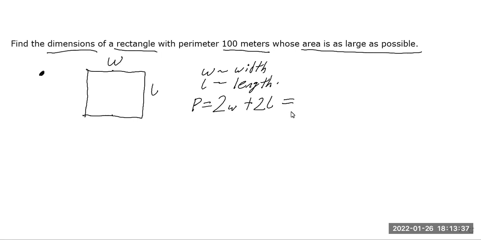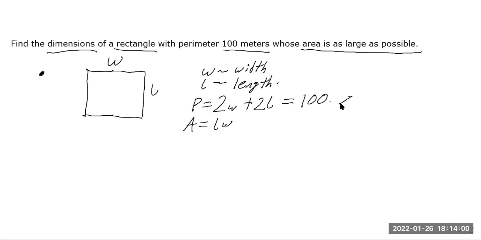And beyond that, whatever these side lengths are, they have to equate to 100. Makes sense. And beyond that, I also have that the area of the rectangle is length times width.